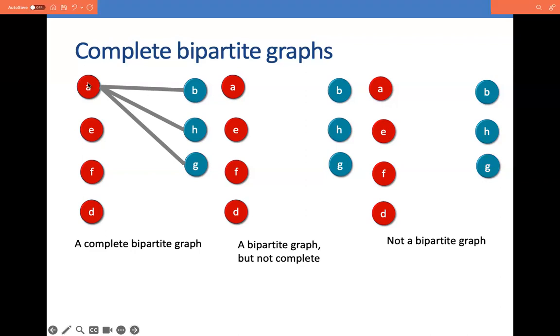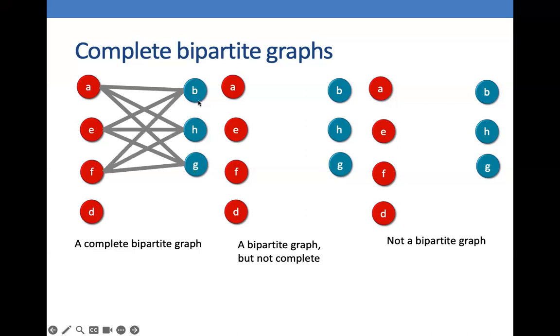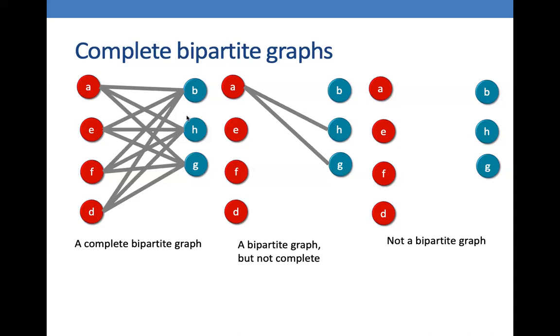So in this case, A is connected to B, H, and G, all of the elements of this blue subset. E is connected to all of the elements of V sub 2, the blue subset. F is connected to all of the nodes of the blue subset. And D is also connected to all of the elements of the blue subset. So in this case, we can say that it is a complete bipartite graph.